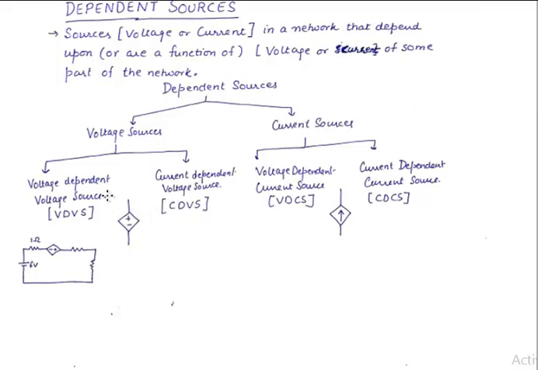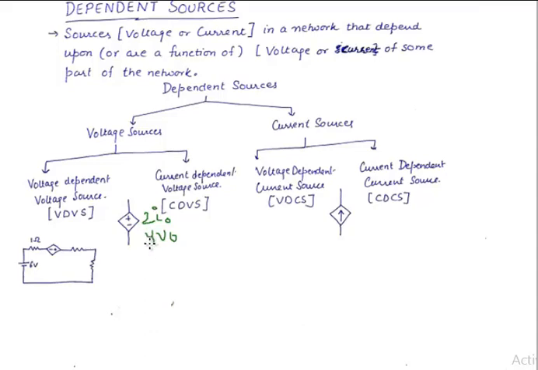Depending upon whether it's a voltage dependent voltage source or a current dependent voltage source, you'll find its typical value to be 2I0 or 4V0, something of this sort, because it says that this dependent voltage source has a voltage value whose magnitude is twice that of some current I0 in the network itself.